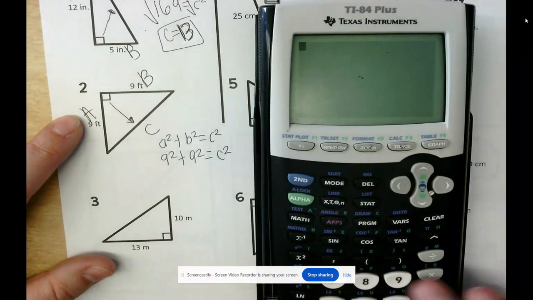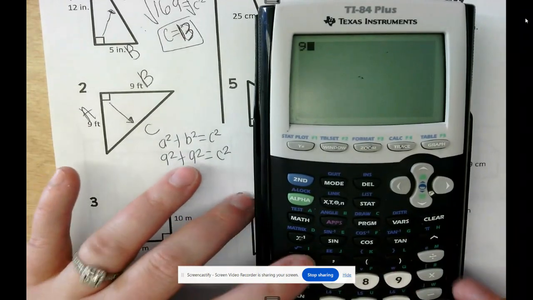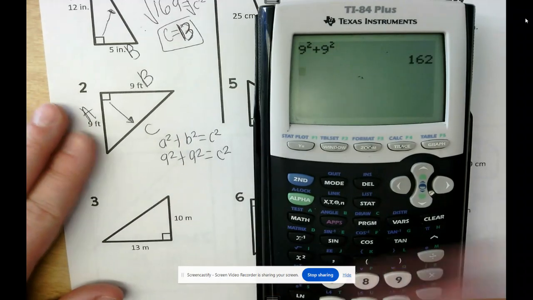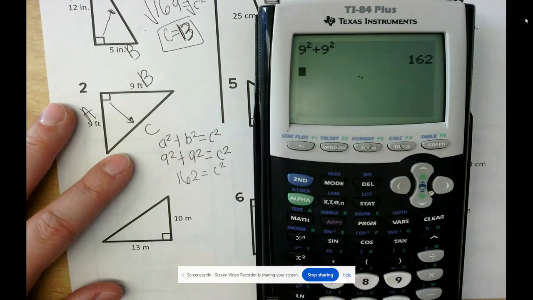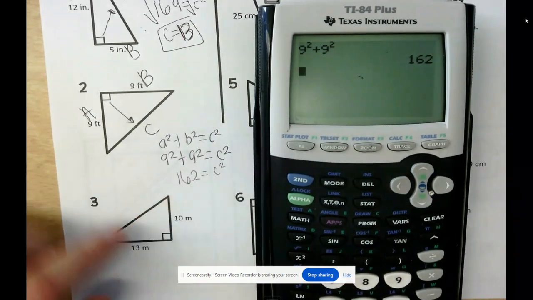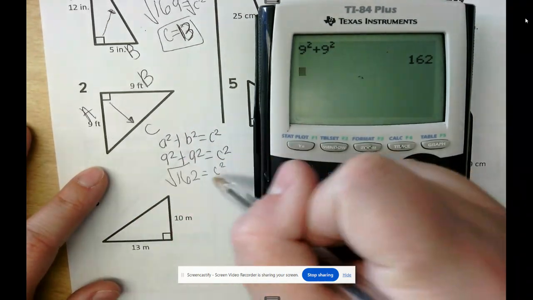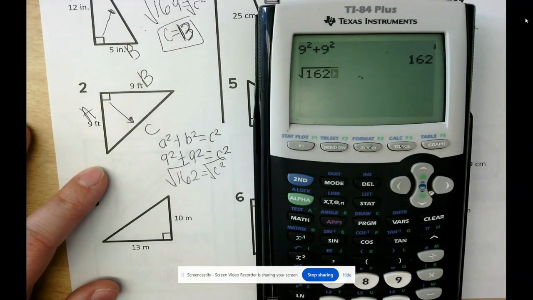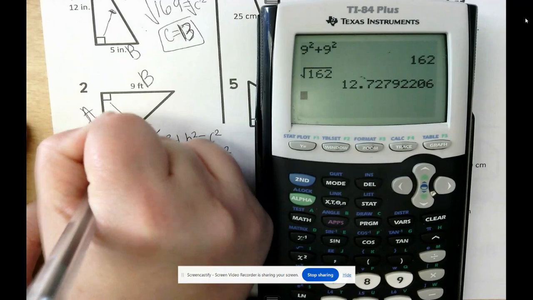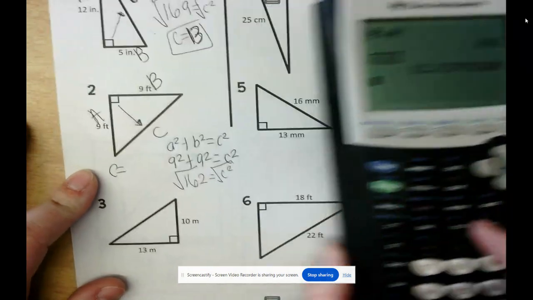We'll type it into our calculator. So 9 squared plus 9 squared is 162. And again, we cannot leave it with a c squared, so we're going to square root it to get rid of that c squared. And so c equals 12.7.